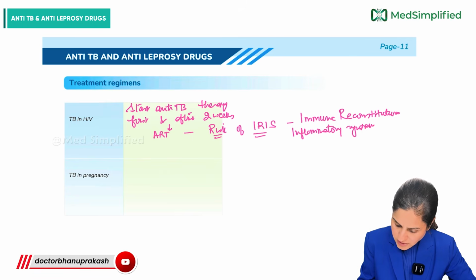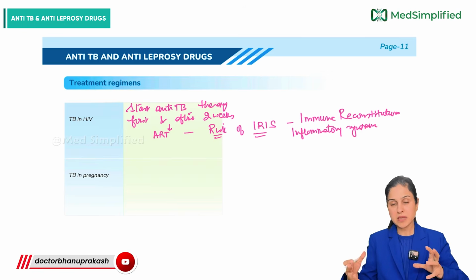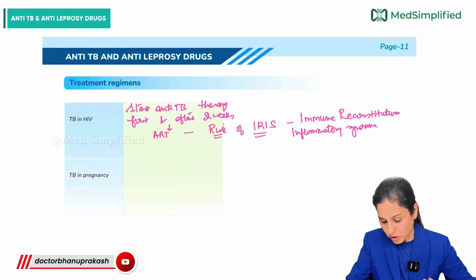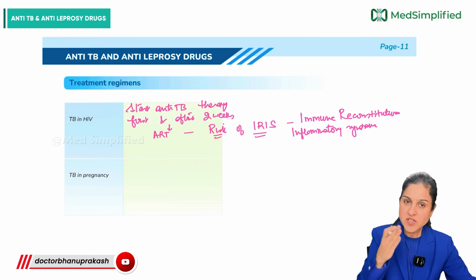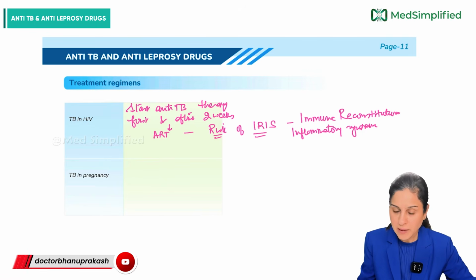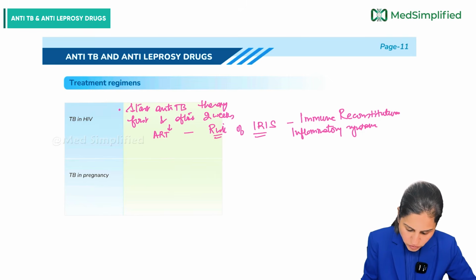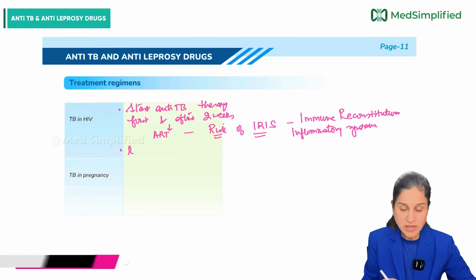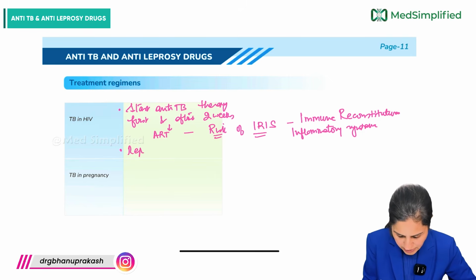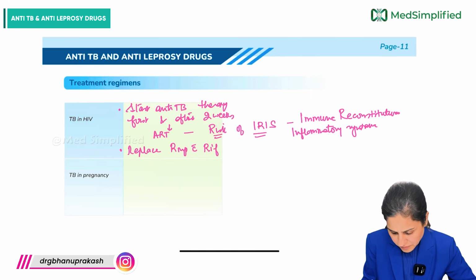So because of this problem, the immune system's action against the mycobacteria, you need to treat the TB first and then follow up with ART. Also, another thing that you should know, to take care of the drug interactions, replace rifampicin with rifabutin.